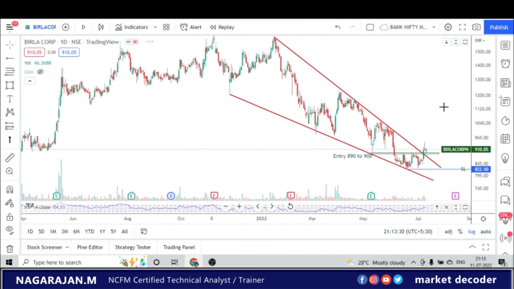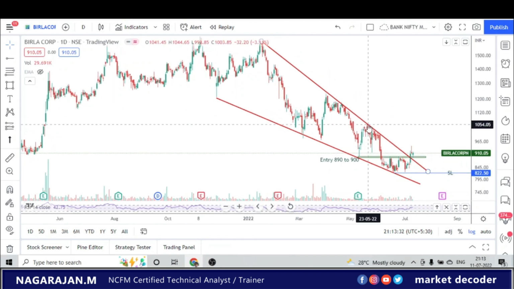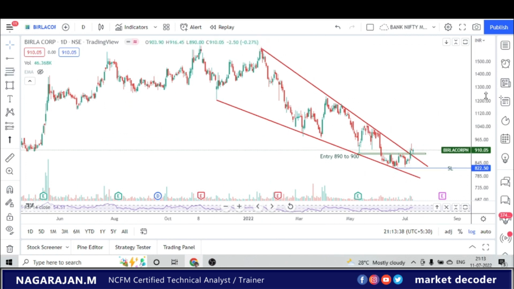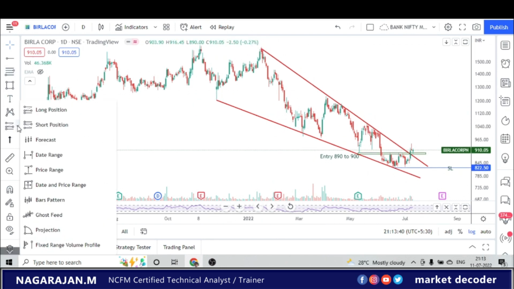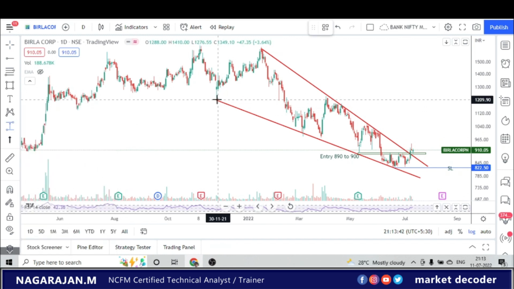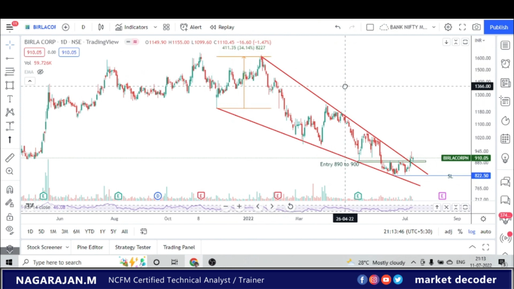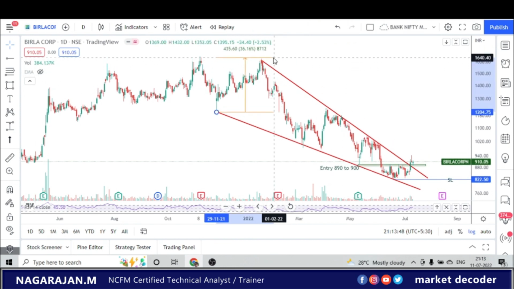And where is the target? The immediate target lies around 1050, and the big target, if the market is bullish, is this 30-35%, which will come immediately. So 34%, close to 35%, exactly 35%.